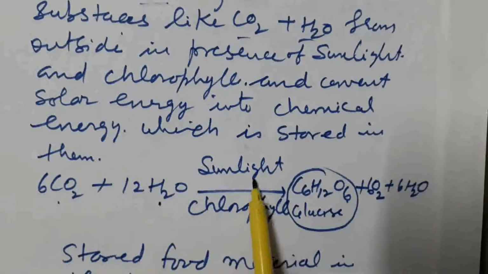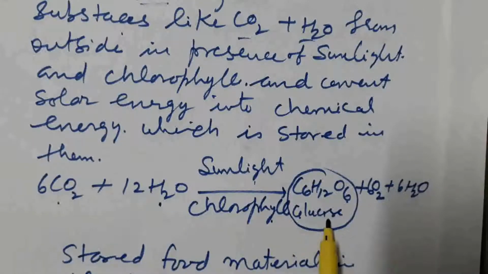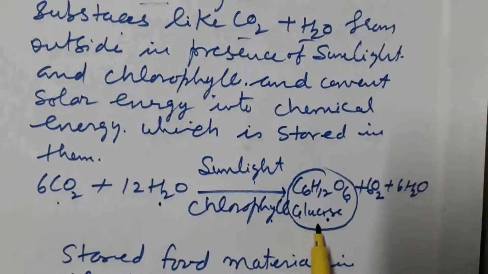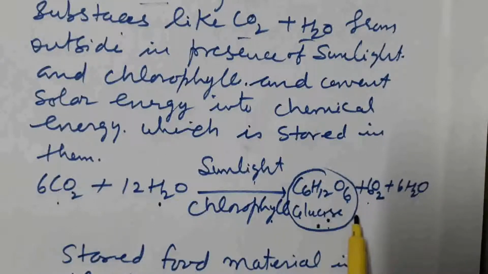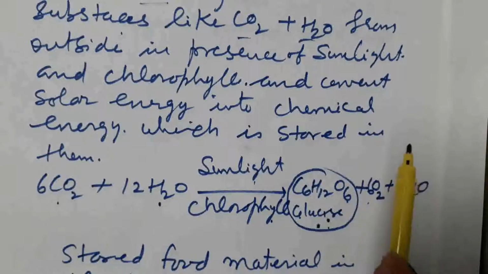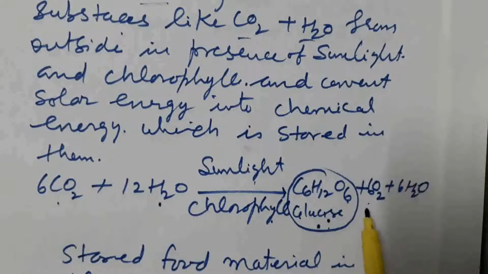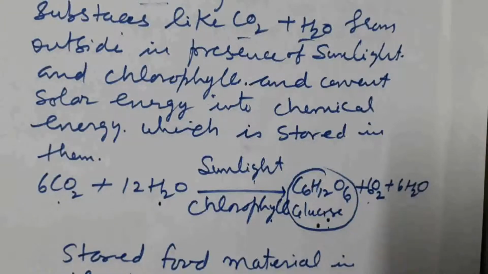In the presence of sunlight and chlorophyll, glucose or carbohydrate is prepared, which is a food material. Along with glucose, oxygen is also released, which goes into the environment and is utilized by various living organisms in their respiration process. Some water molecules are also produced in this process.